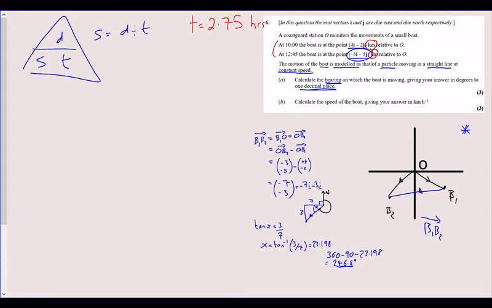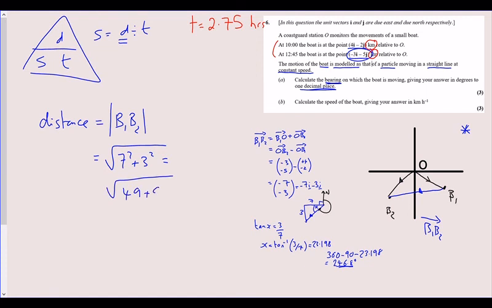Now to establish my distance, the distance that the boat has actually travelled is equivalent to the vector magnitude that I've actually just discovered, the B1 B2 vector. So that's 7 squared plus 3 squared. So 49 plus 9 gives me 58, so root 58. So that's the distance, and because it's in kilometers, that's the distance in kilometers there.